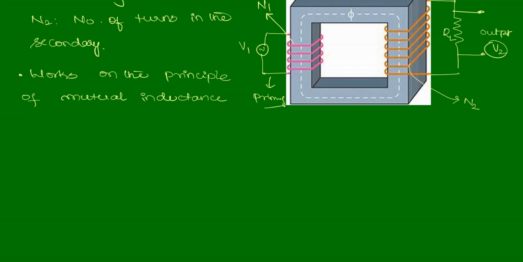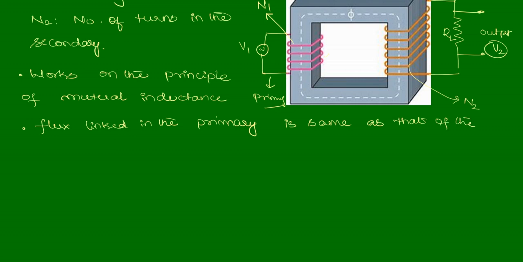And if it is an ideal coil, the flux linked in the primary is the same as the flux in the secondary.